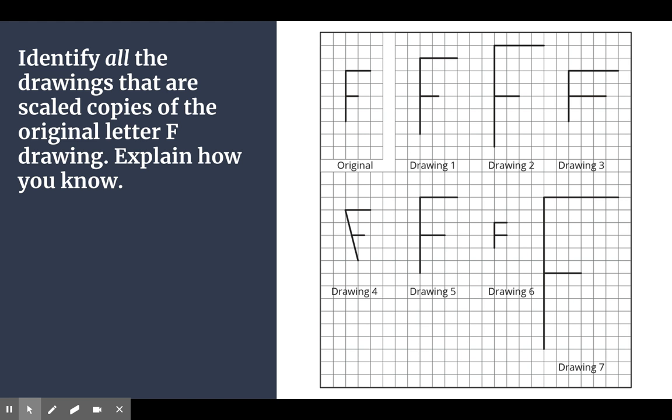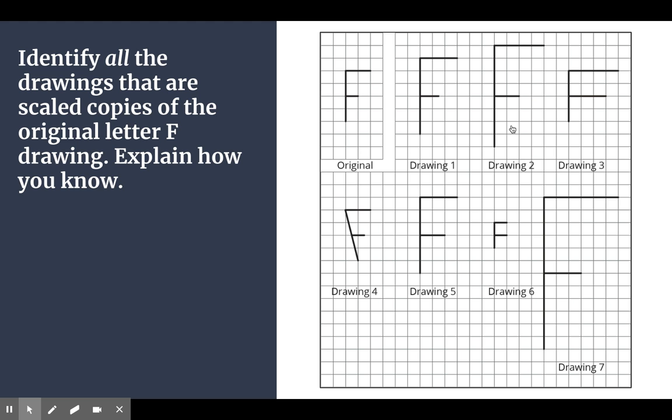Hopefully you realized that drawing number 1, drawing number 2, and drawing number 7 are scaled copies of the original drawing. If you got at least one of those or all of these right, go ahead and give me a thumbs up. You can give me a thumbs up in the chat or give me a reaction on Zoom. So again, drawings 1, 2, and 7 were scaled copies of the original drawing, okay?